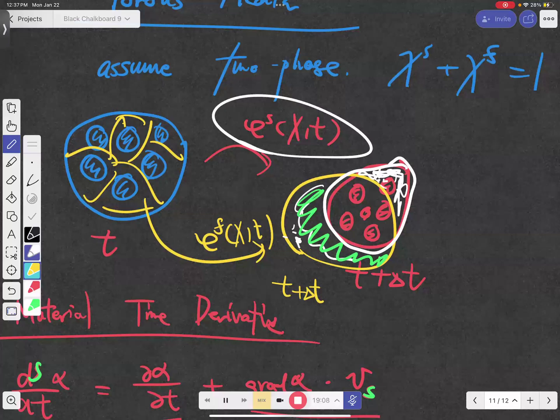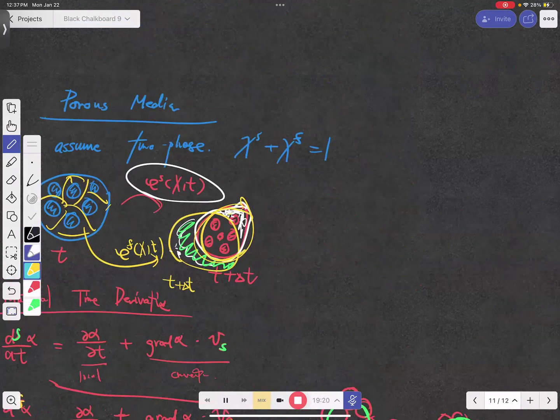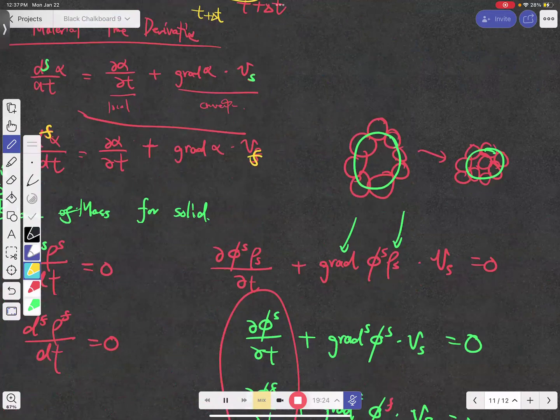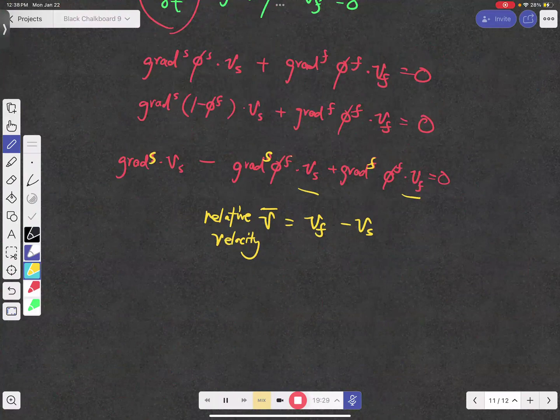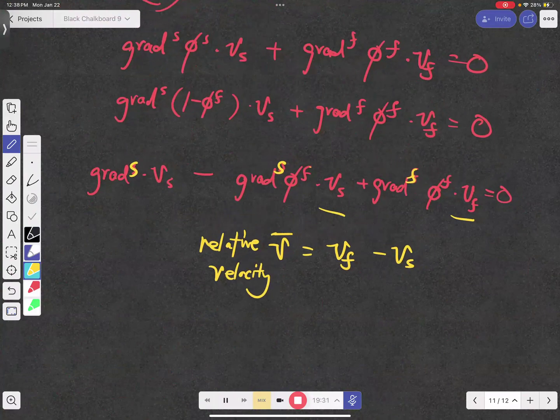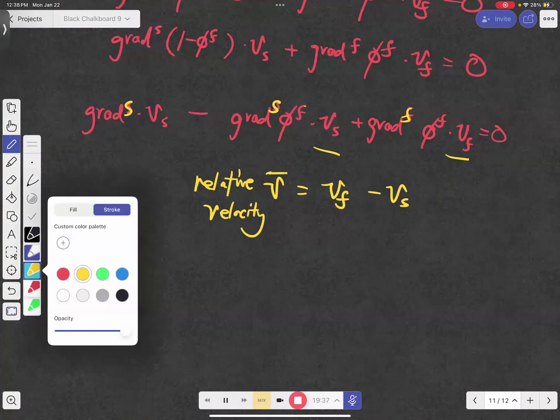I just need to map it to the solid first, and then I know the relative change between the solid and the fluid, and then I can directly capture the fluid, right? Does that make sense? So I just need to first think about this current configuration with the solid and fluid, and then I reconstruct the fluid motion from the relative velocity. Now this is the relative velocity, and then there's a Darcy's velocity, and they're not identical.